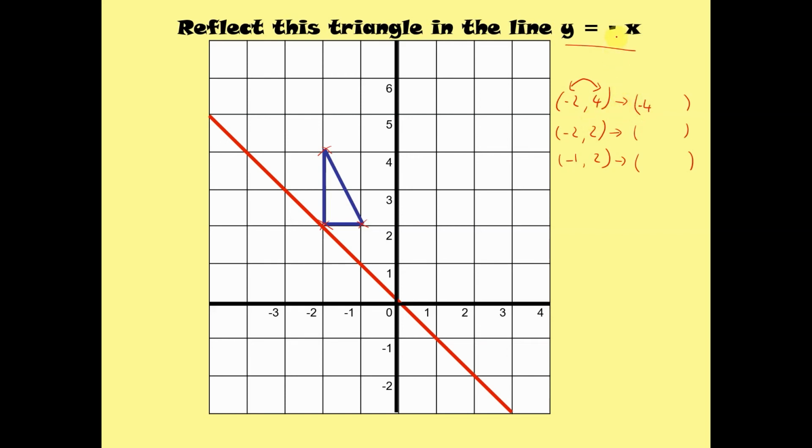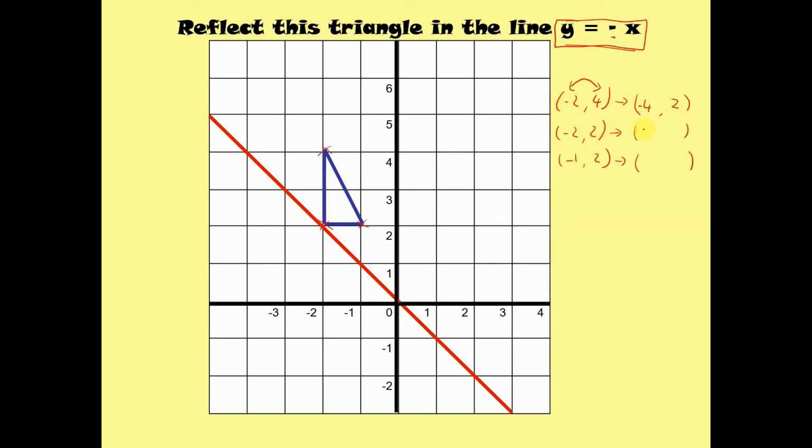When we have the line y is equal to minus x, since we have that minus over there, it also changes the sign. So we change their position together with their sign. So 4, which is positive, will become minus 4. We have minus 2 here, so it becomes 2, because we have changed it from negative to positive.